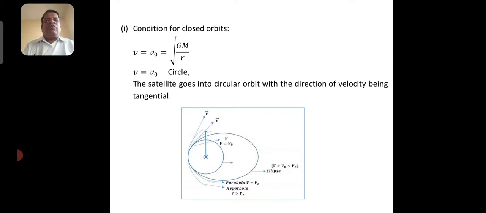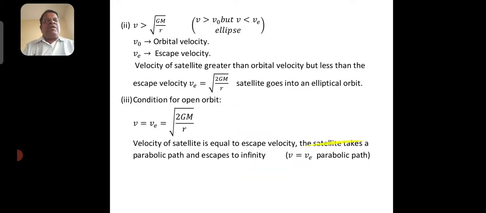That is v equals v naught. The satellite moves in the circle. In the second case, if the velocity of the satellite is more than orbital velocity but less than escape velocity, then the satellite moves in elliptical path.